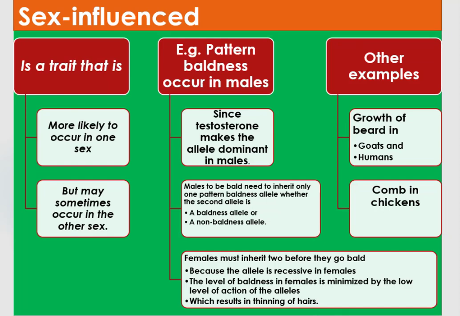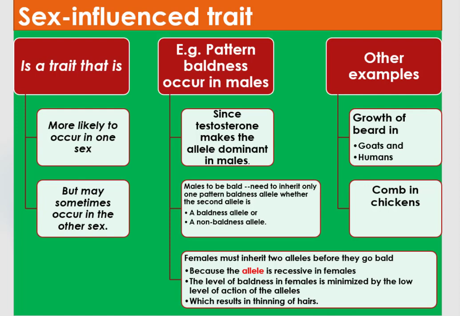Sex-influenced traits. A sex-influenced trait is a trait that is more likely to occur in one sex, but may sometimes occur in the other sex. For example, pattern baldness occurs in males because the male hormone testosterone makes the allele dominant in males. For a male to be bald, he needs to inherit only one pattern baldness allele, whether the second allele is a baldness allele or a non-baldness allele.